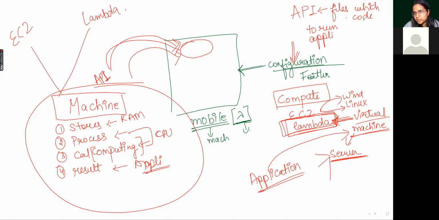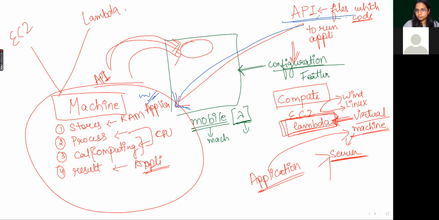If you add this code to a machine, then this machine is able to run that application inside itself. So what is an API now? Yeah, it's the one that runs the application inside the machine. So if you want to run something, you have to tell the machine, this is my code, now you are able to run it, because without a machine, you can't run the application.